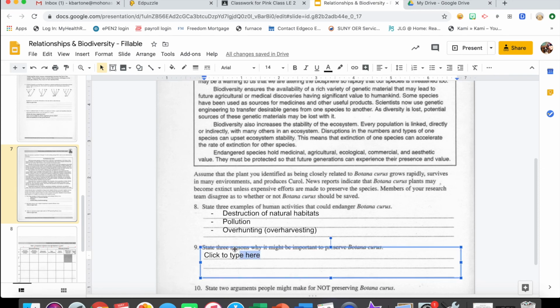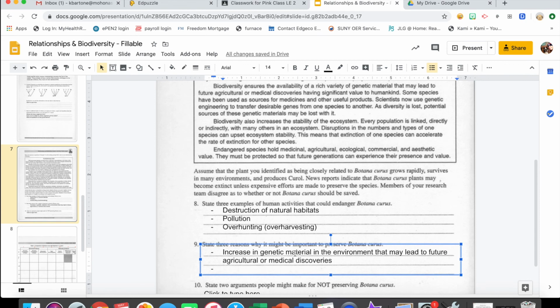So, if we keep the biodiversity and increase in genetic material in the environment, you can see up here it says that may lead to future agricultural or medical discoveries. And it says we need 3 or 2.